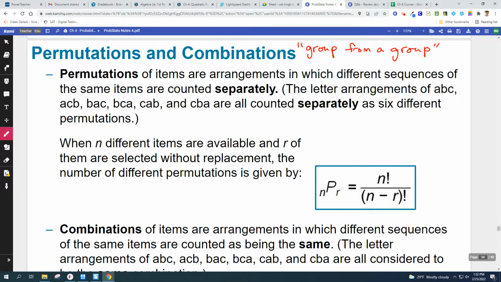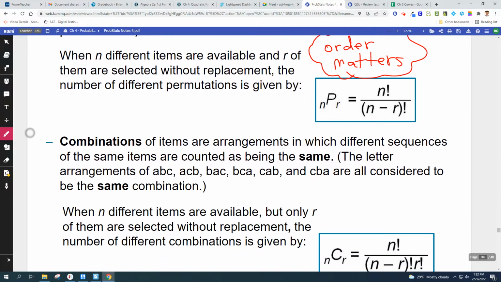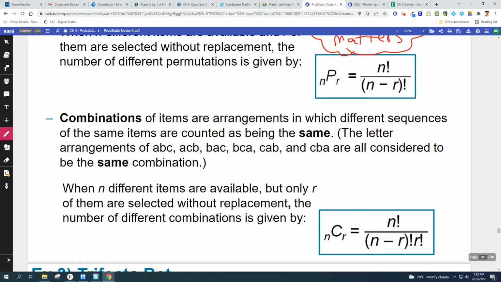So anyway, that's what I'm looking at. Permutation has its own formula here, NPR, and for a permutation, make sure you understand that order matters. When we talk about a combination, order does not matter.